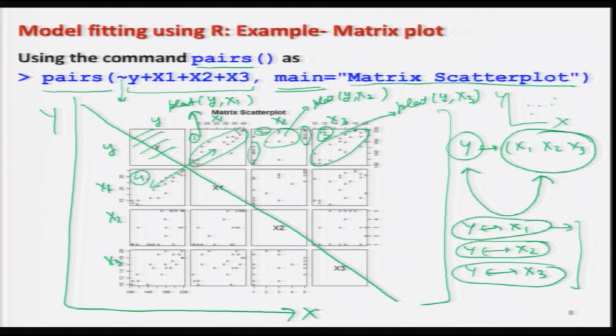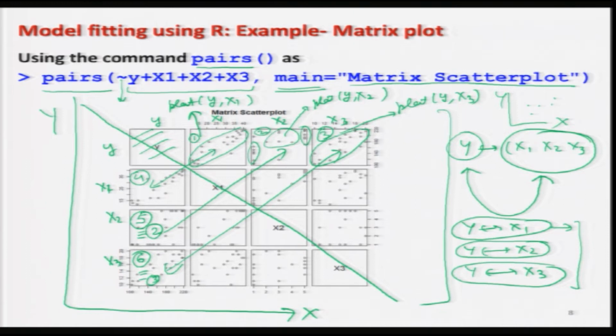And whatever you are looking at in block number 5 is the same as the block number 2 plot. You can see only the direction is changed, meaning instead of using the command plot xy, I am using the command plot yx. Similarly, if you see block number 6, this is the same as block number 3, because they are symmetric. This is symmetric, this is symmetric, right.